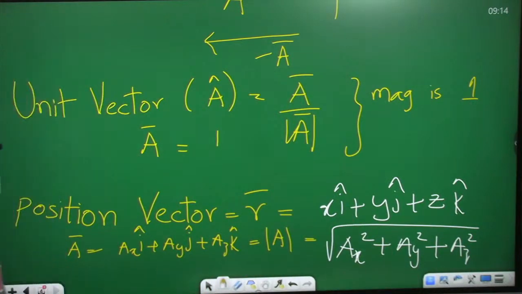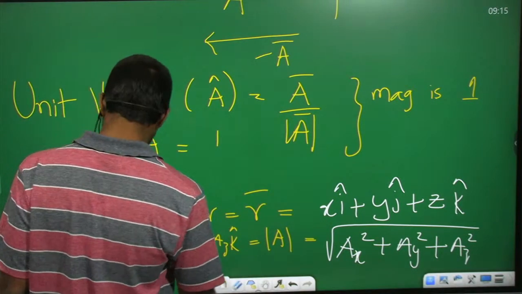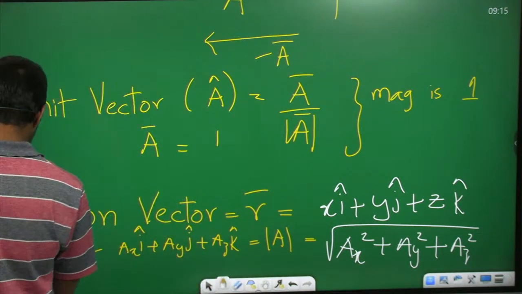So that's how we represent a position vector and the magnitude of a vector. Check whether you are getting it or not.